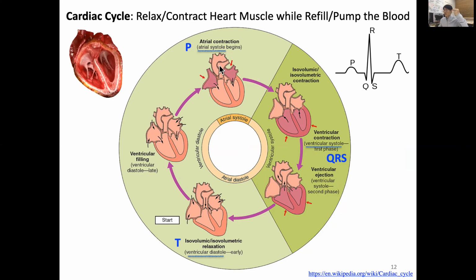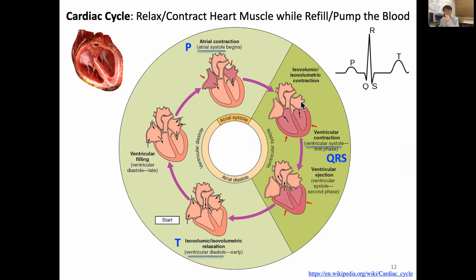The atrial systole fills the ventricle, and when the pressure builds up from the blood inside the ventricle, it will close down the mitral valve, or atrioventricular valve, and that makes it a closed system. Then the muscle will contract, so it will increase the pressure, so that's isovolumetric contraction.